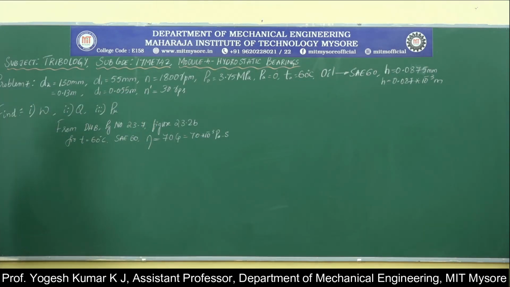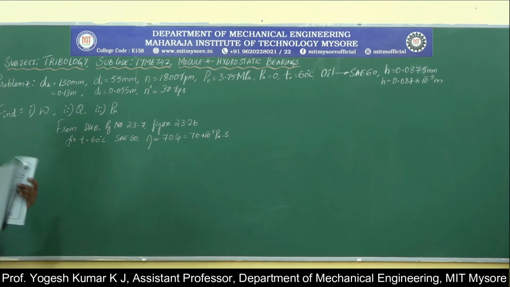This is the new thing that we are finding out from the data handbook in hydrostatic bearings. Whereas in the previous problems, they were giving the value of viscosity directly, in this problem they have given the oil temperature and the type of oil. Based on these two data, we should find out the viscosity using the data handbook.